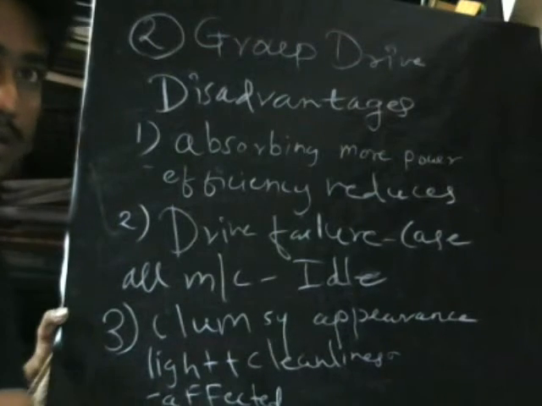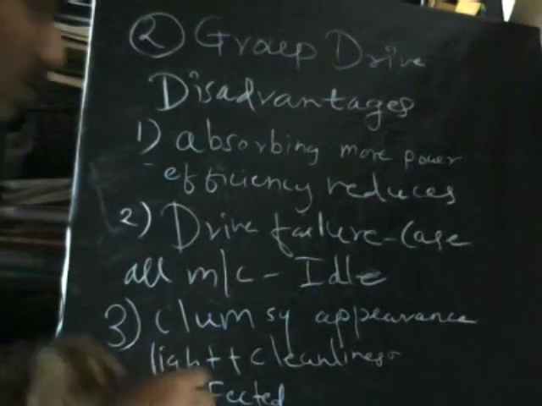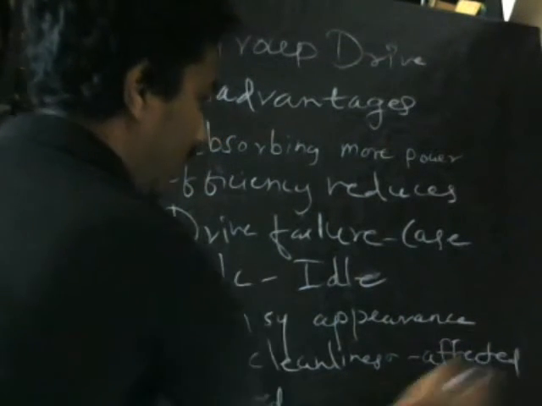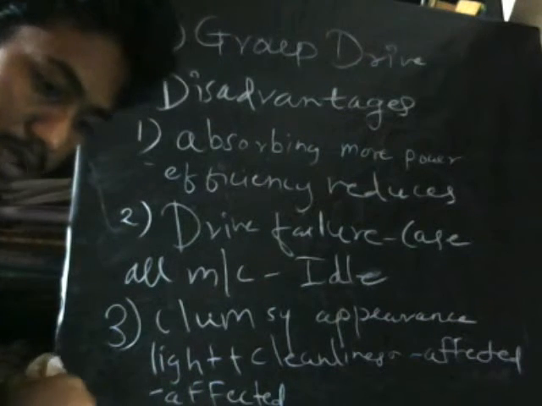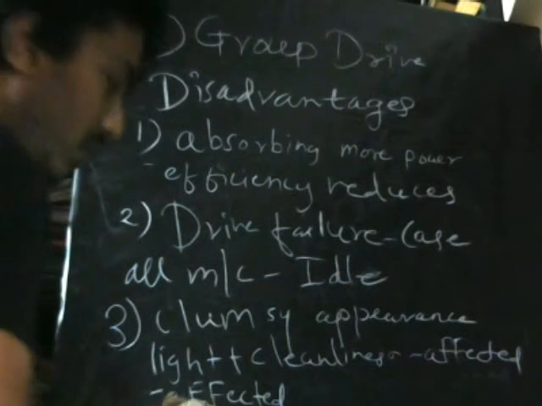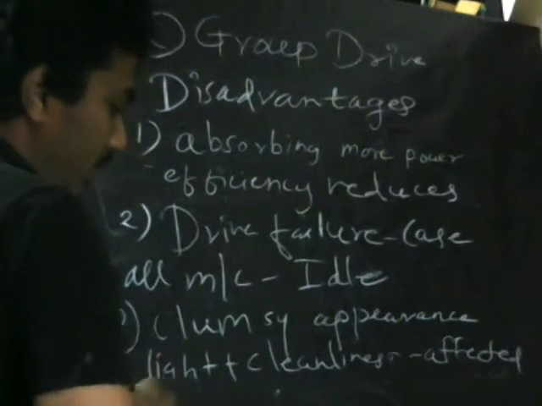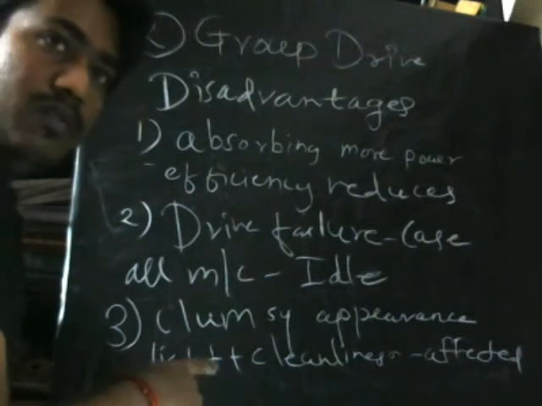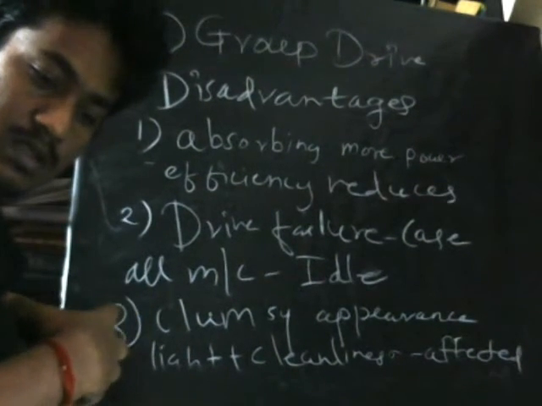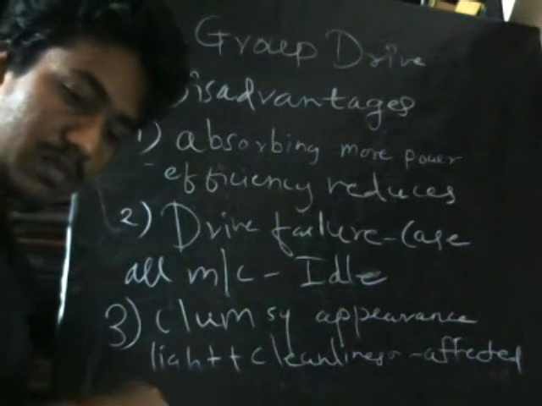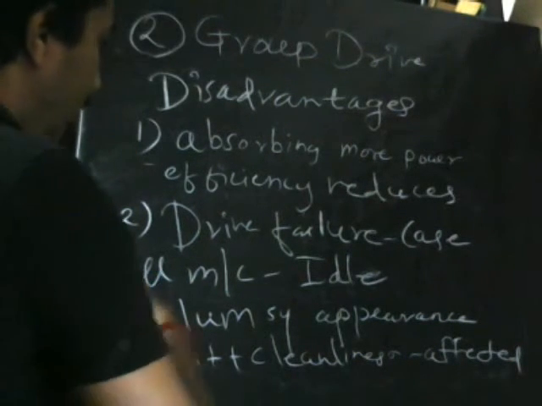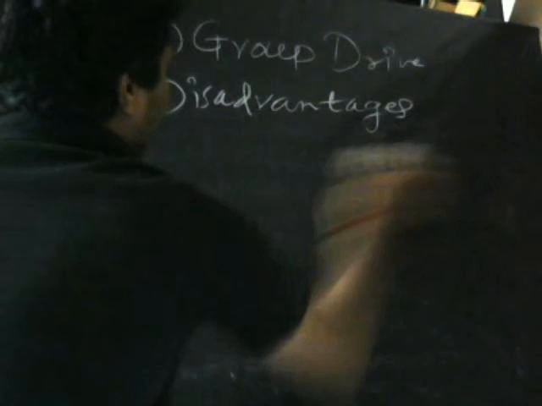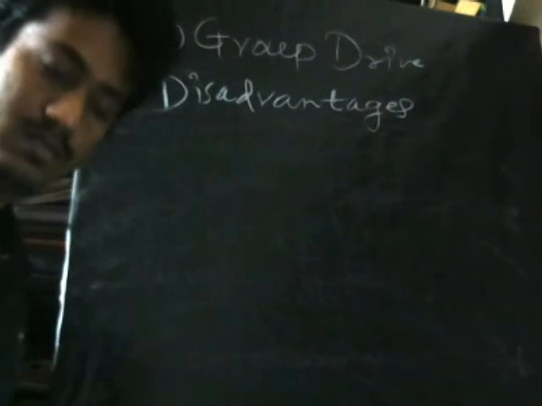Can you see it? Light and cleanliness will be affected by the presence of overhead shaft and main belts. Many belts. Why will lighting facility and cleanliness be affected? Due to many belts and overhead shaft. So there will be chances of accidents due to this.